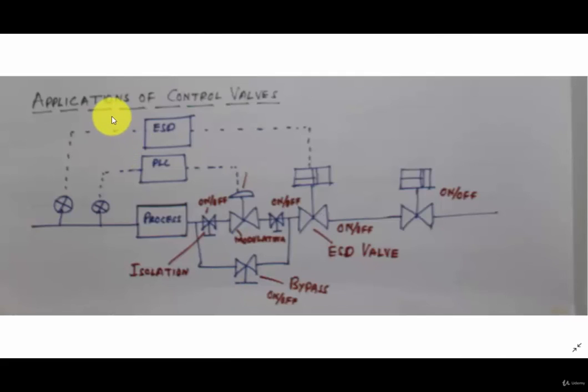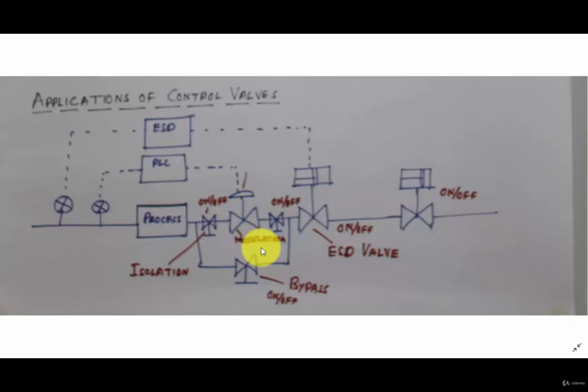Now we will discuss the application of control valves. There are different types of control valves. So what are the purposes? If you see a process, there is a control loop in a process, something like this. The control loop is through this PLC and through the control valve. So this is a modulating type control valve.